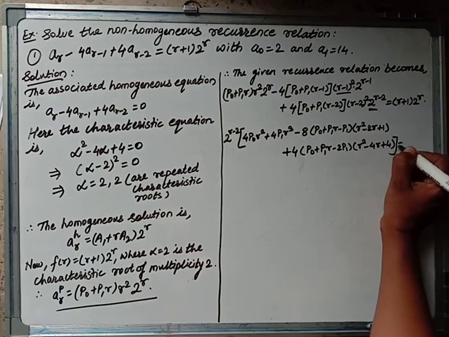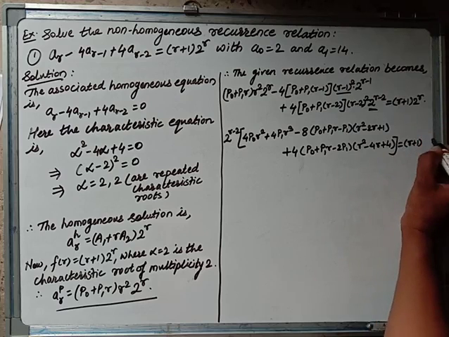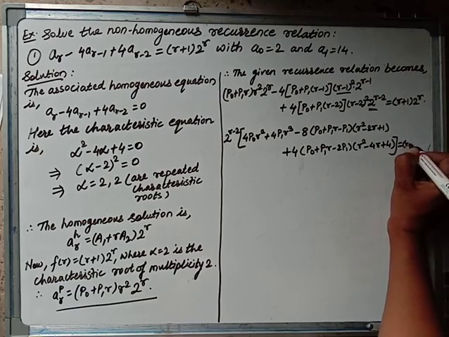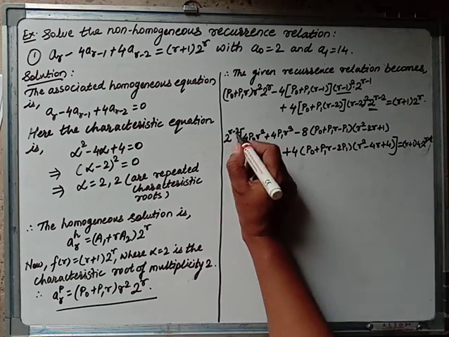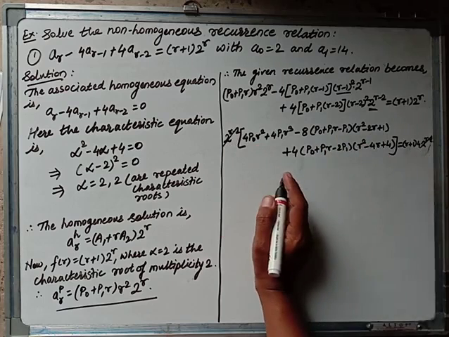That is equal to (r plus 1) into 2 raised to r. Let us write this here also as (r plus 1) into 4 into 2 raised to r minus 2. So this 2 raised to r minus 2 on both sides gets cancelled. Now, let us simplify it.